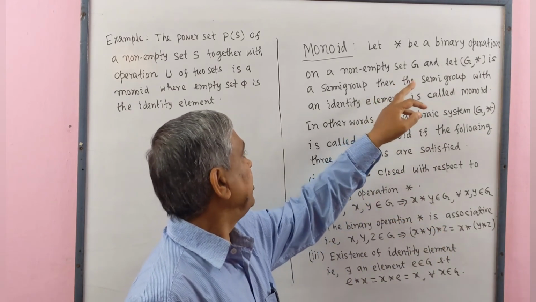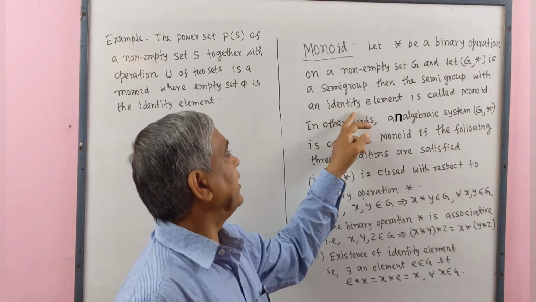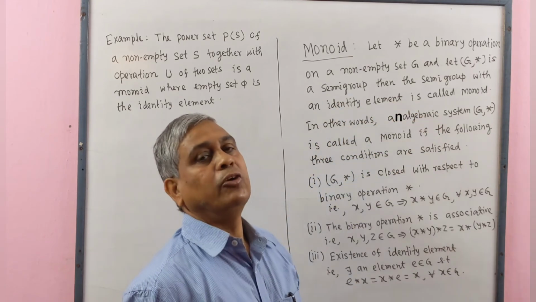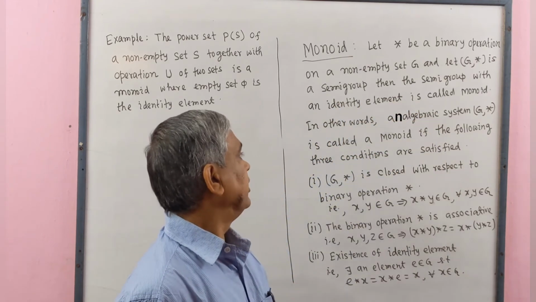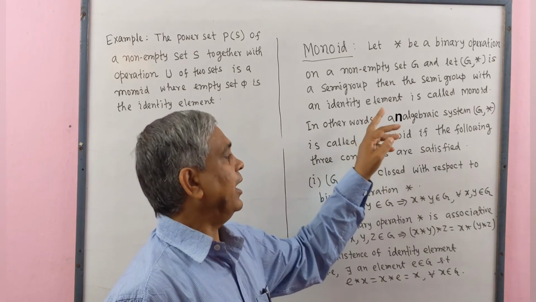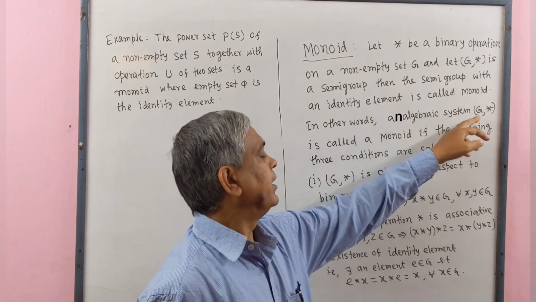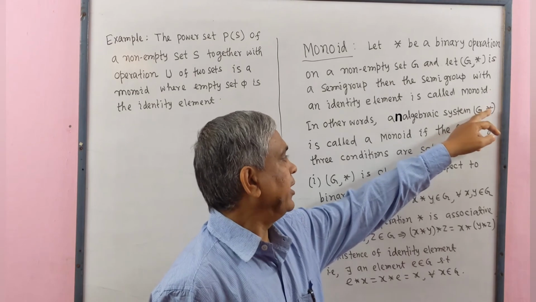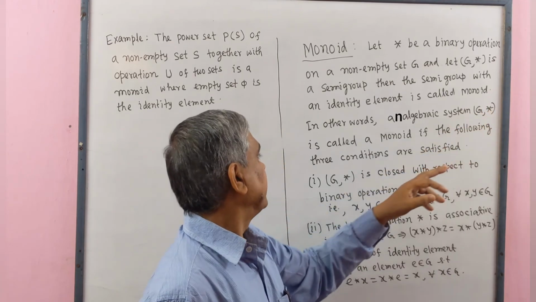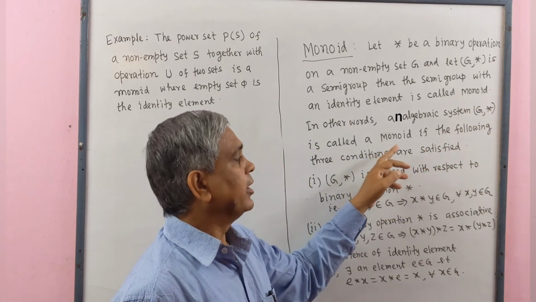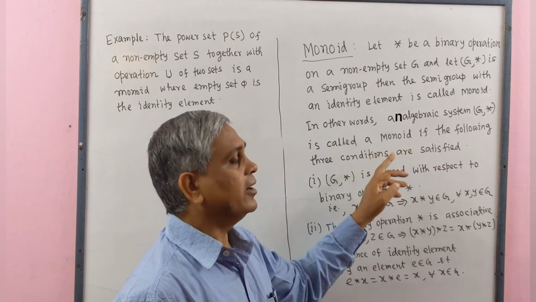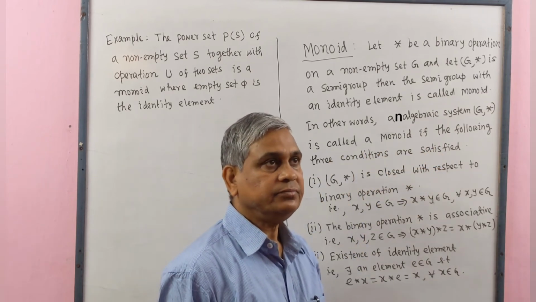Then the semi-group with an identity element is called monoid. In other words, an algebraic system G with binary operation star is called a monoid if the following three conditions are satisfied.